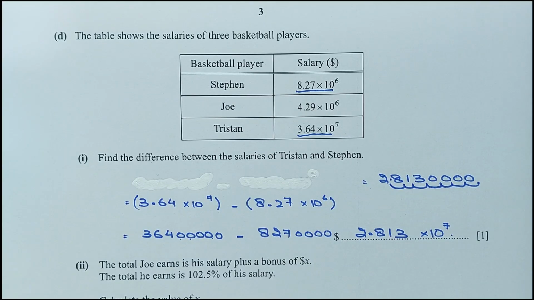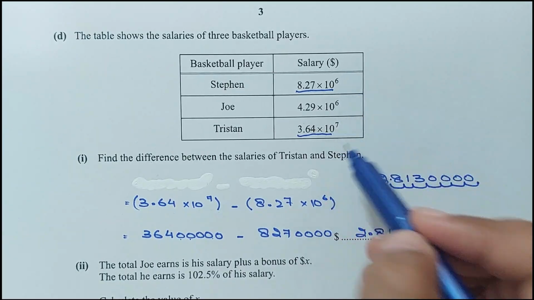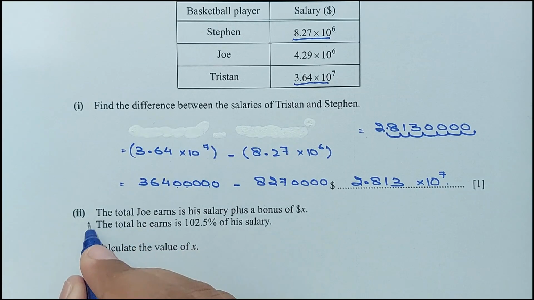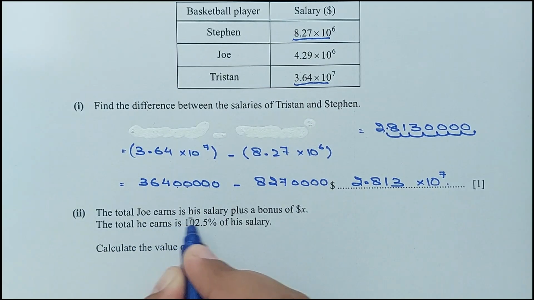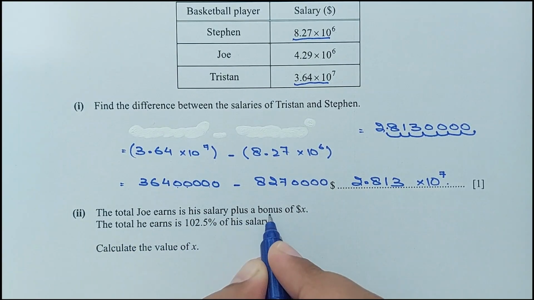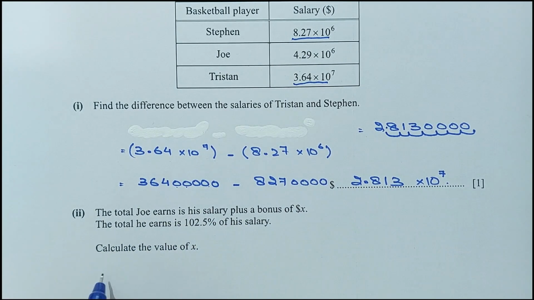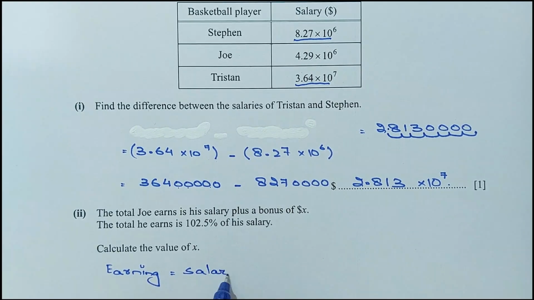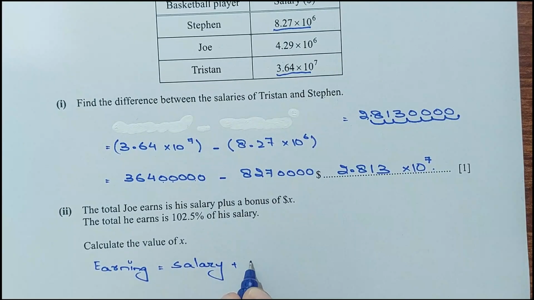Both answers are correct, but it is better to keep it in standard form because the question is given in terms of the standard form. Now for the second part, the total Joe earned is his salary plus a bonus of X dollars. So the total earning is the sum of salary plus the bonus.